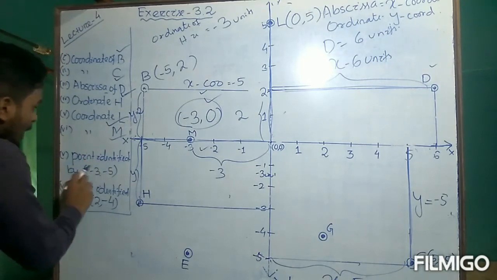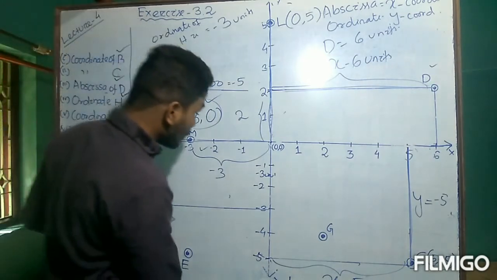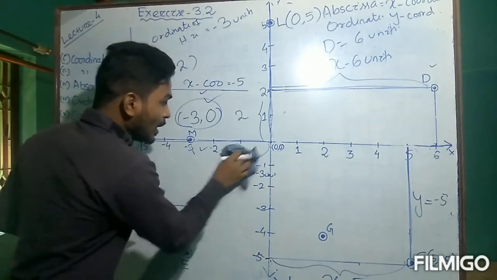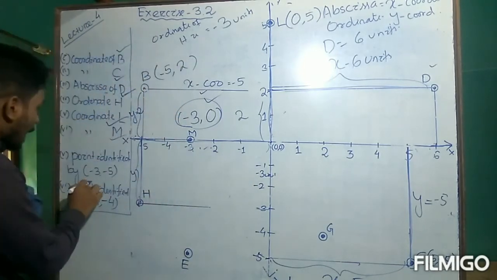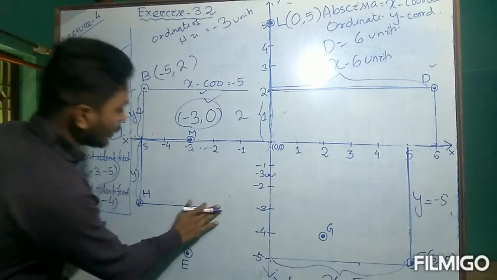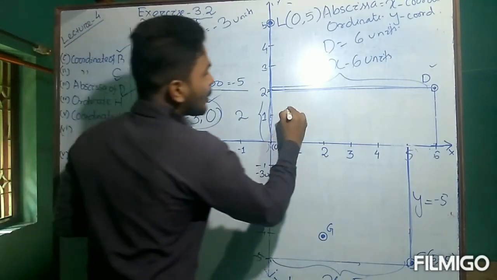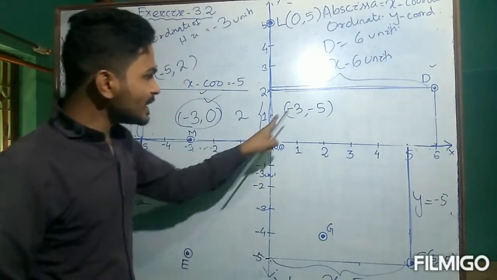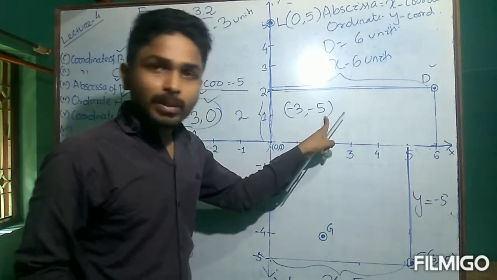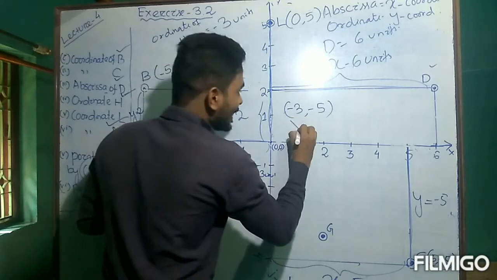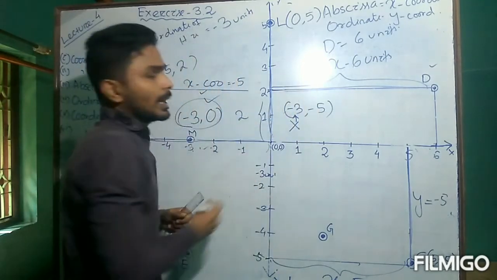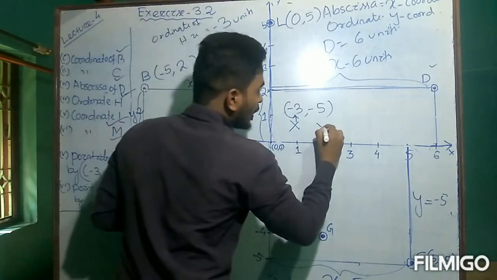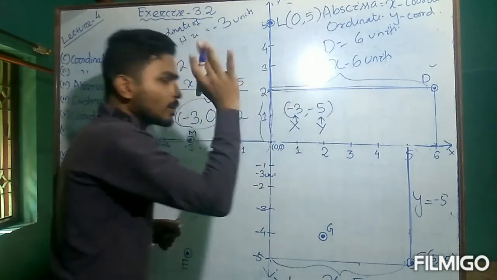Next, the point identified by (-3, -5). That means you have to find the point which represents (-3, -5). In (-3, -5), -3 is the x coordinate and -5 is the y coordinate.